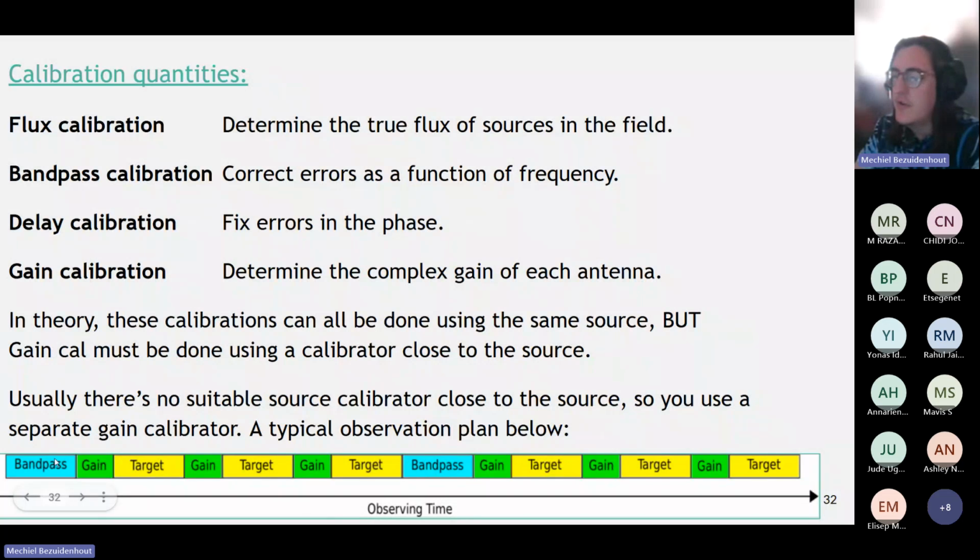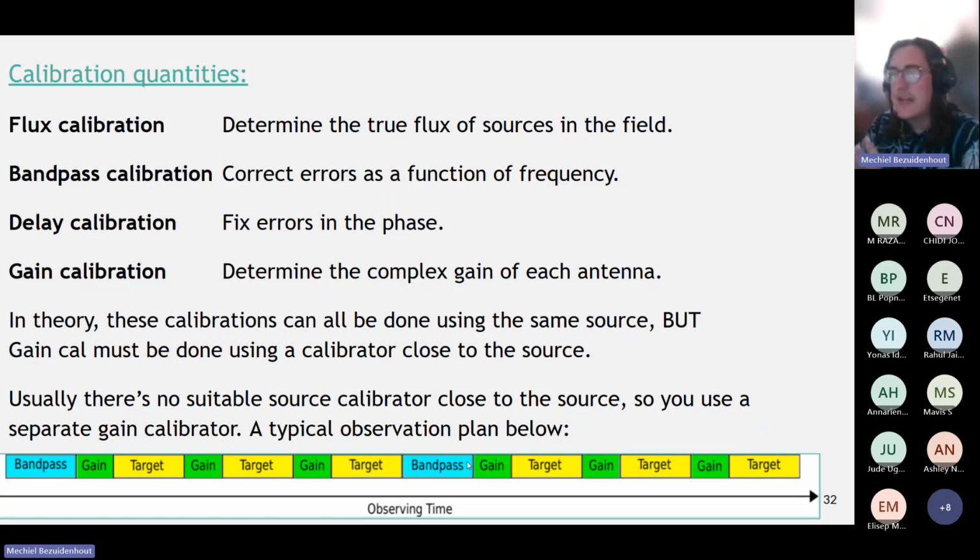So you do a bandpass calibration observation, and this actually includes flux calibration and delay calibration. And then you do a separate gain calibration observation. The source has to be close to your target. Then you move on to the target for a bit, repeat the gain calibration, go back to your target. These can be different targets, of course. Do the gain, get the target, and then do a bandpass calibration again.